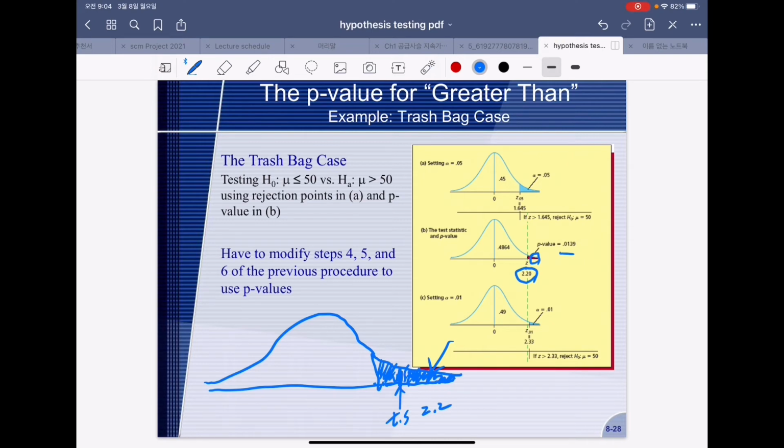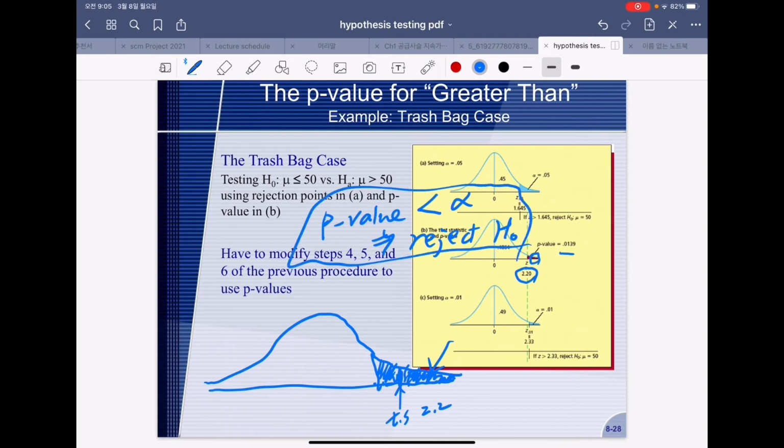So from this, you know that if the p-value is less than the alpha that you set, then you reject the null hypothesis. That's the critical point here. If the p-value turns out to be, let's say, 0.03, and your alpha is 0.05, then you reject the null hypothesis.